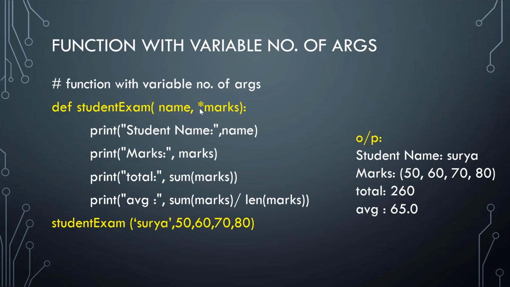For BTech first year students marks are different, second year different, fourth year the number of subjects are different. I need not write so many functions, one function for four subjects, another function for 10 subjects. So Python gives you the flexibility to write only one function which works for many subjects.